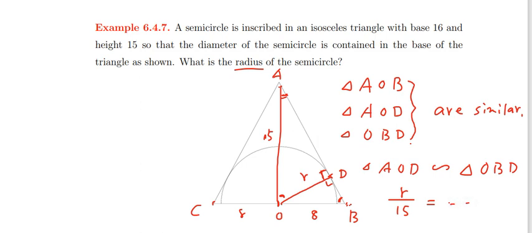We say for the large triangle, this is R, and this is 8. This is 15. So we can find AB.